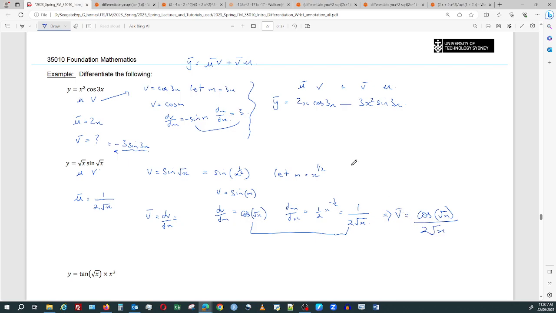Okay, so y dash will be equal to u dash times v plus v dash times u.